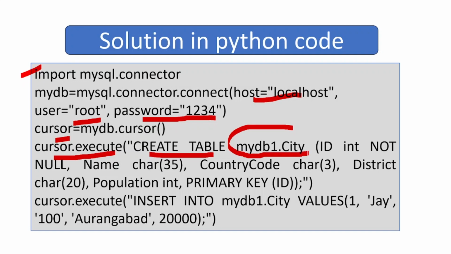Here we have to specify in which database we have to create the city table. That is what I have specified here, mydb1, and the rest of the things are the same. And when we have to insert into the table, the same modification we have to do. Instead of writing city, we have to write mydb1.city values, as it is in the same sequence: 1, J, 100, Aurangabad, and 2000. Then once this code is executed, we can check whether data is inserted into the table or not by using a select query. Is this clear?